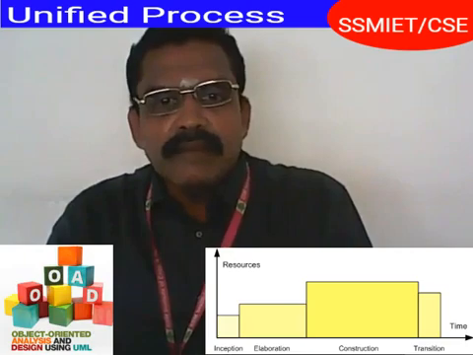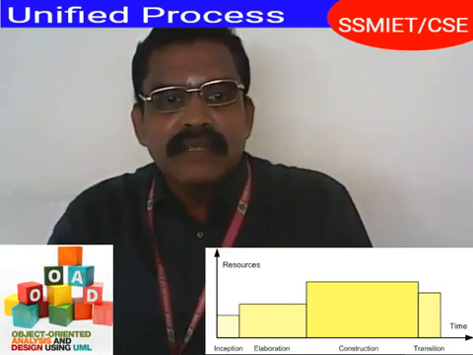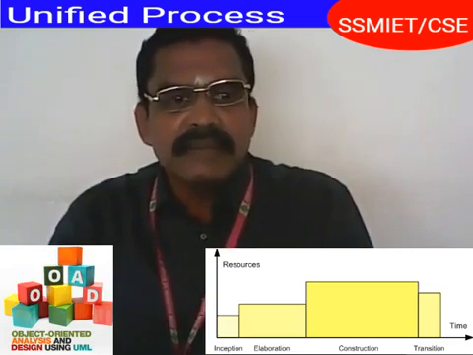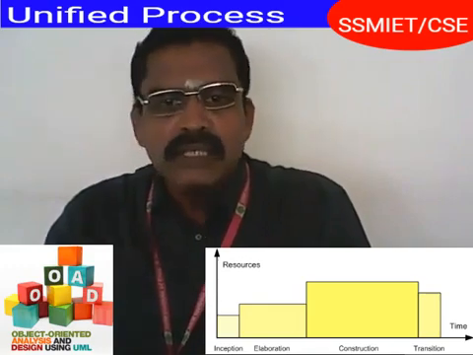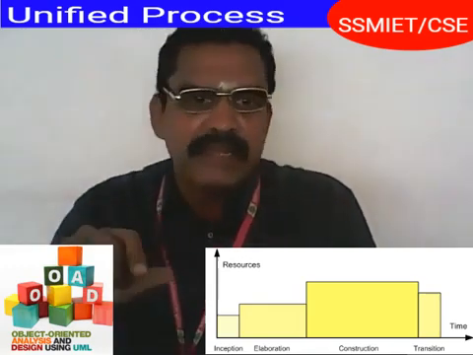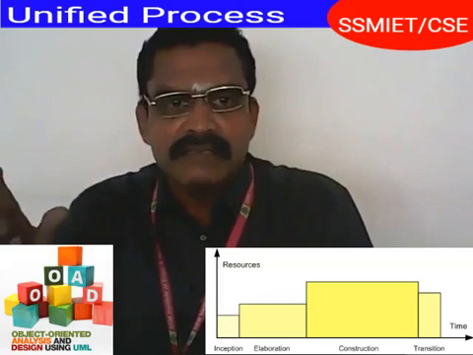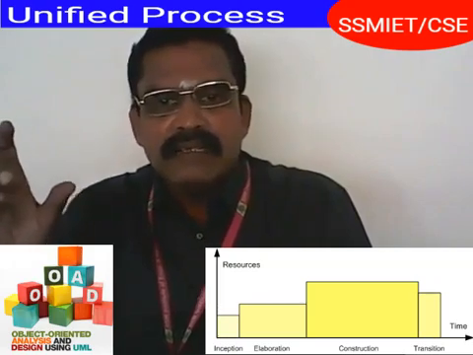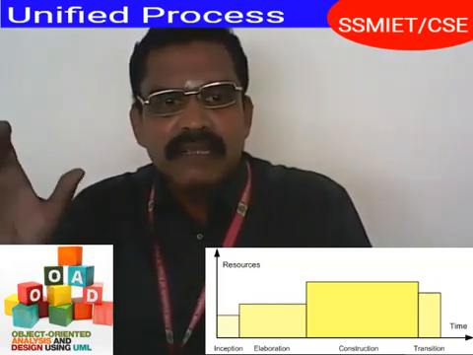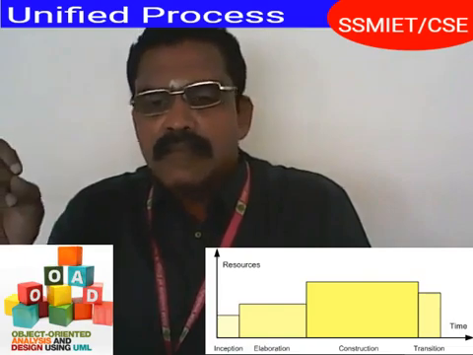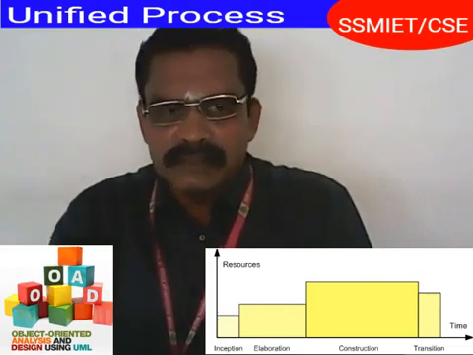So the final deliverable in the elaboration phase is a plan which includes the cost and schedule estimate for the construction phase, right? So the final deliverable is nothing but the cost and schedule estimate.